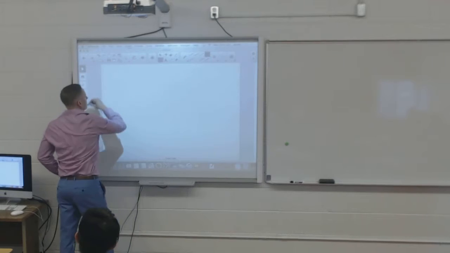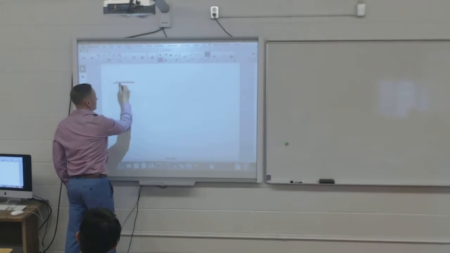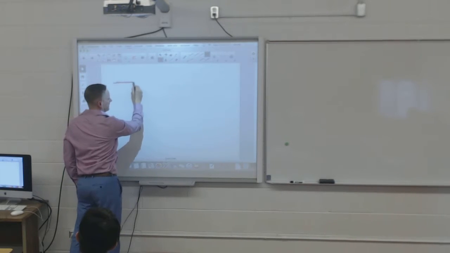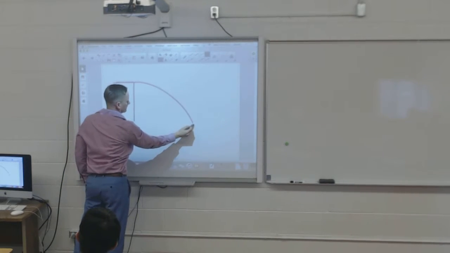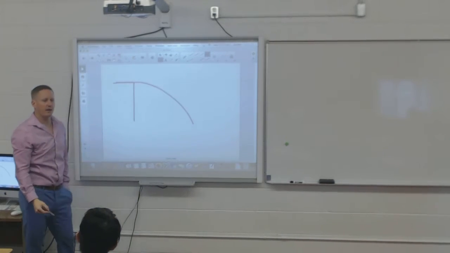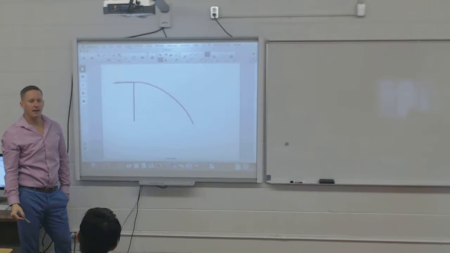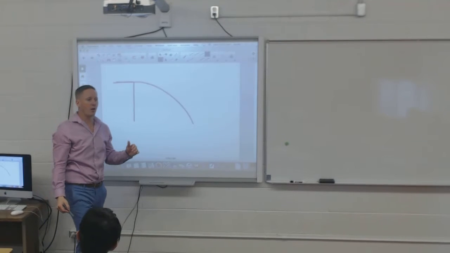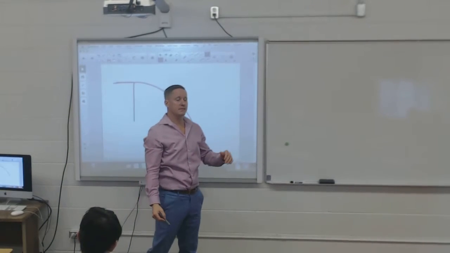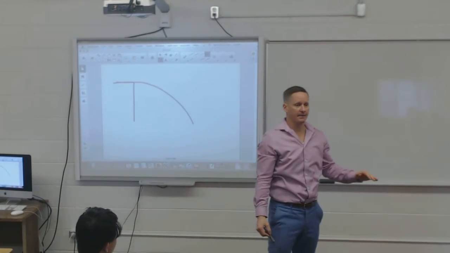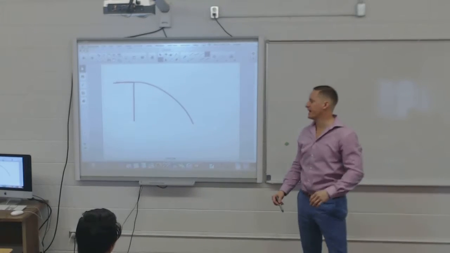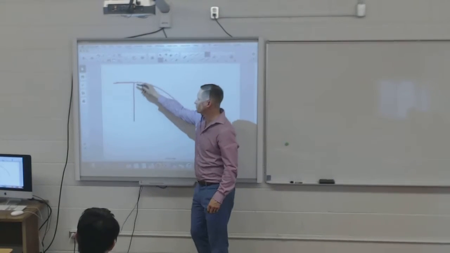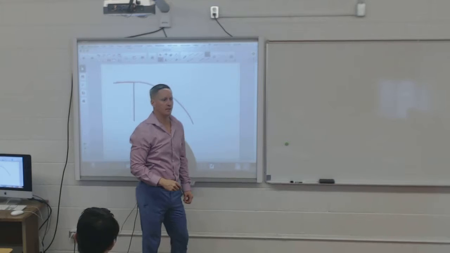Well, if I throw an object out from the top of a cliff, it's going to go like this and hit the ground right there. It doesn't matter how hard I throw it. Doesn't matter how hard it comes out of the gun. The time it takes to hit the ground is the same as if I drop it from the same height.